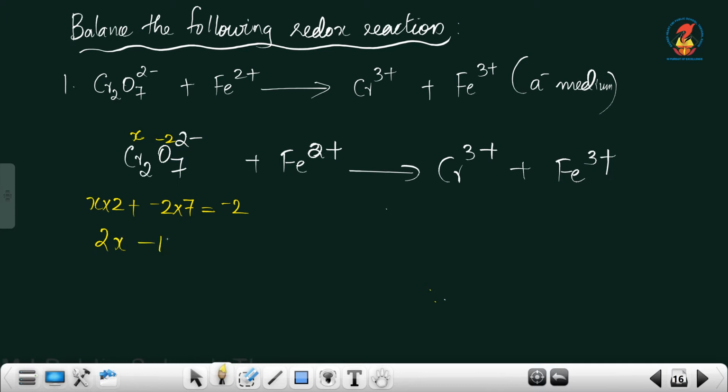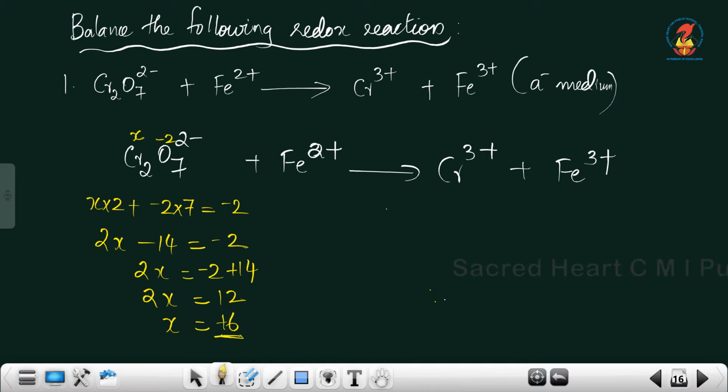So 2x minus 14 equals minus 2, so 2x equals minus 2 plus 14, so 2x equals 12, x equals plus 6. So the oxidation state of chromium here is plus 6.